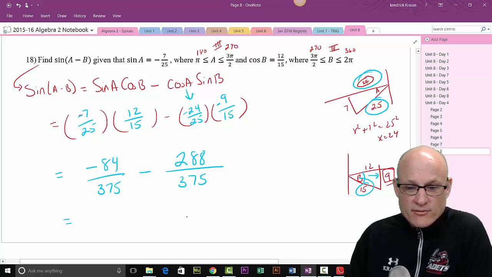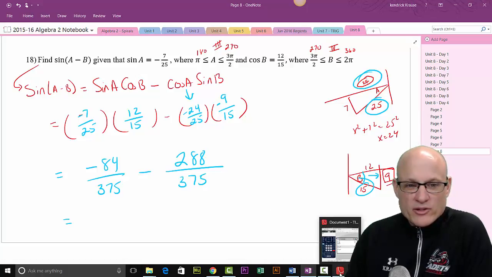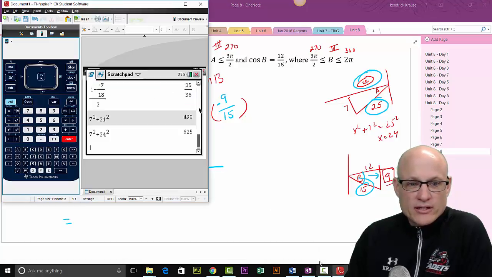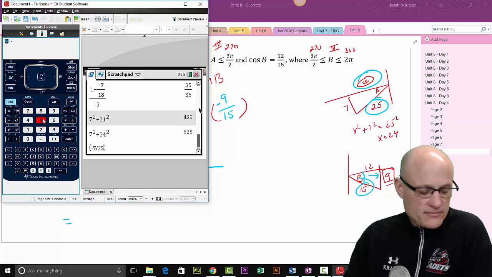I really wouldn't expect you to do it this way. Here's what I would expect you to do. I would expect you to do parentheses, negative 7 divided by 25, times 12 divided by 15.